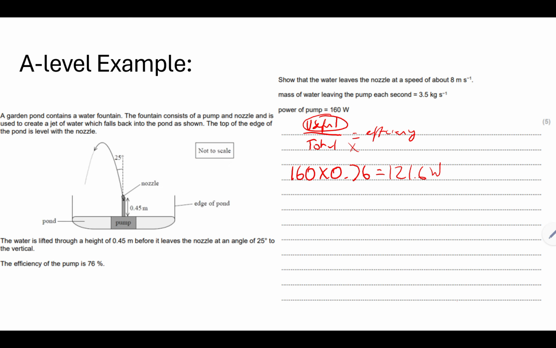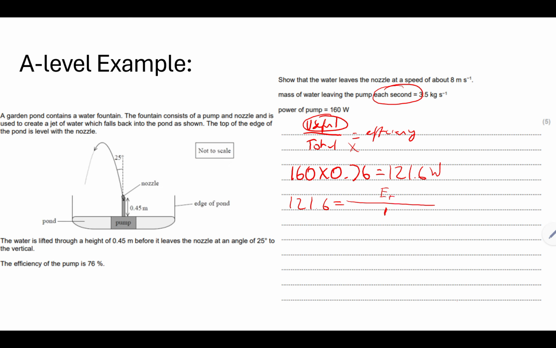And that will equal the total energy over the time. And in this case, we're assuming everything has taken place in a second. So we're going to put 1 second as the denominator, and we put the total energy over here.